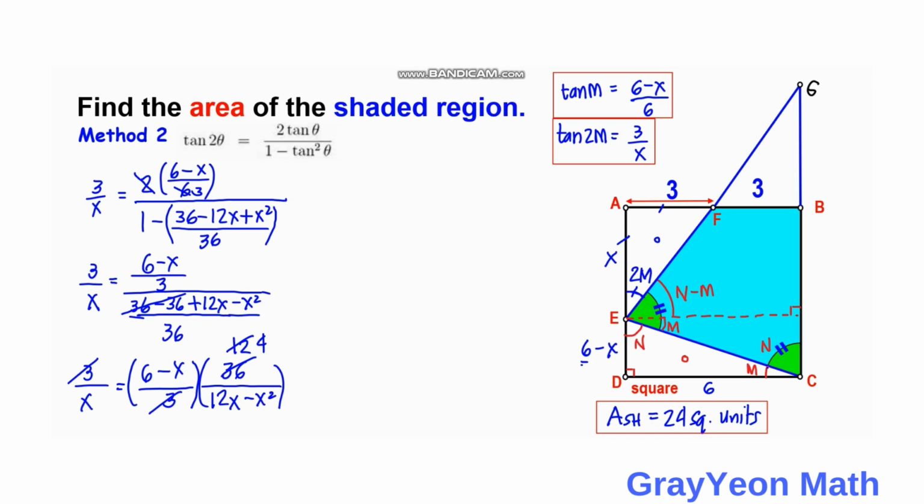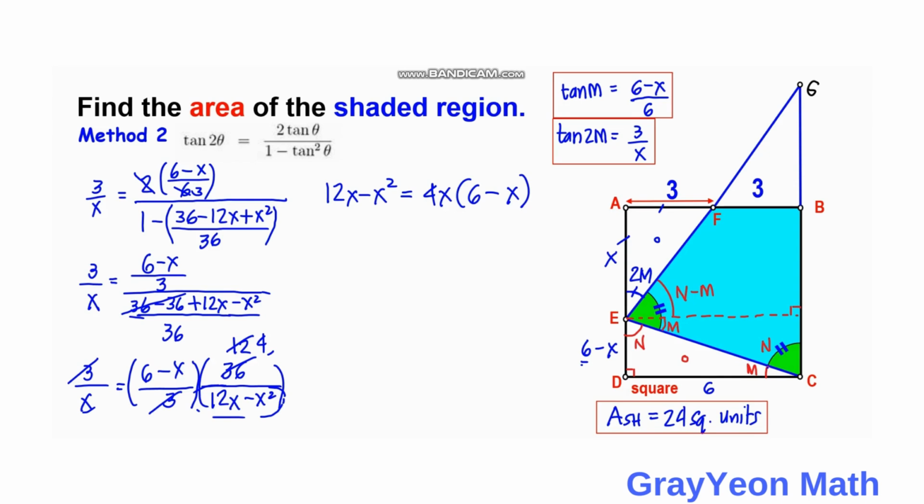So we have here 12x. This 12x minus x squared on the denominator should be put on the numerator on the left hand side. So we have 12x minus x squared equal to 4x. This 4 multiplied with this, so 4x times 6 minus x.